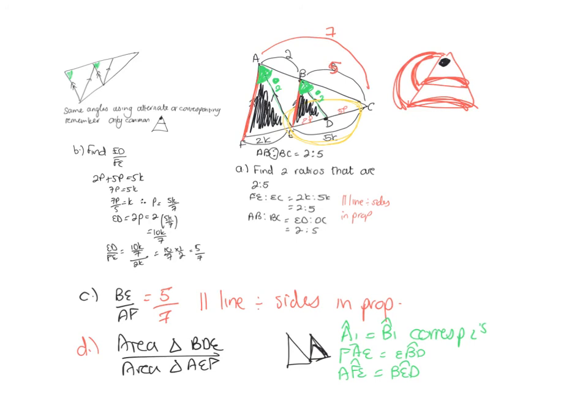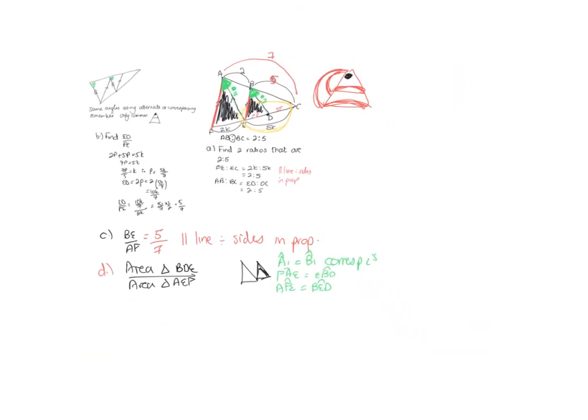Okay, so if we want to do it with the first two angles that I said, we can say area of the BDE is going to be half BE, which is 2, and BD is also going to be 2, sine B1, over half AF, which is 7, and AE, which is going to be 7 in the other triangle, sine A1.